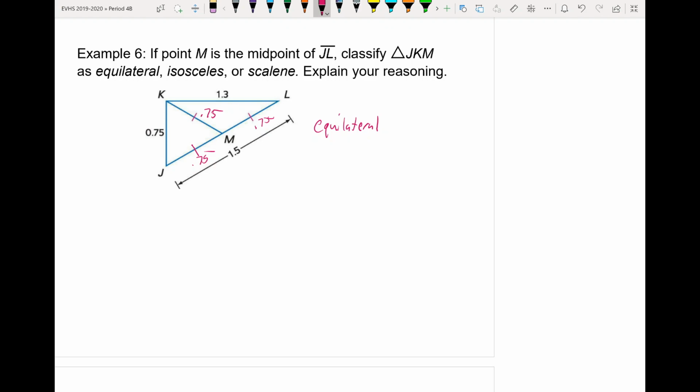What did we do? So, since M is the midpoint of JL, then JM is equal to ML, which equals 0.75.